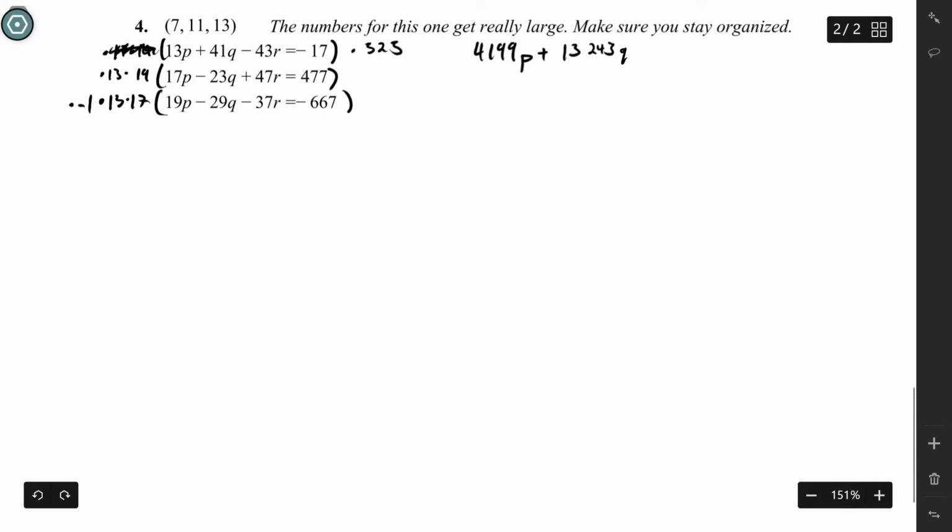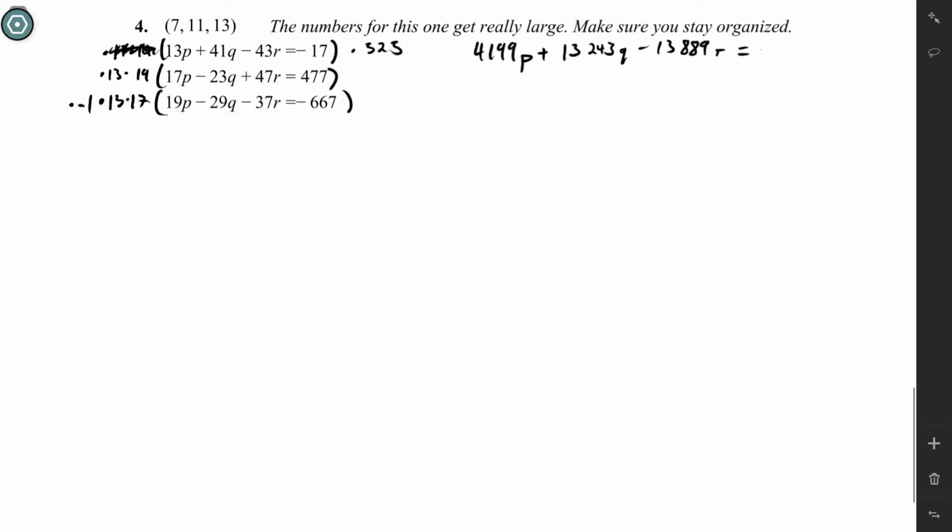And then, let's see, 43. 323 times 43 is negative 13,889r. And that equals 17 times that same number, 5,491.